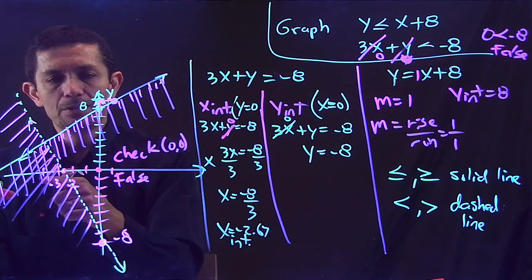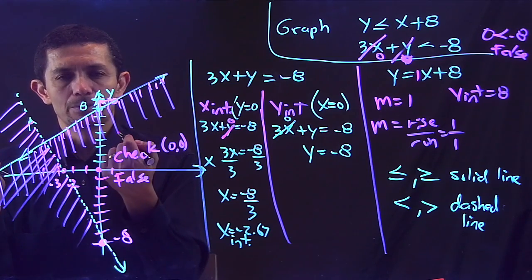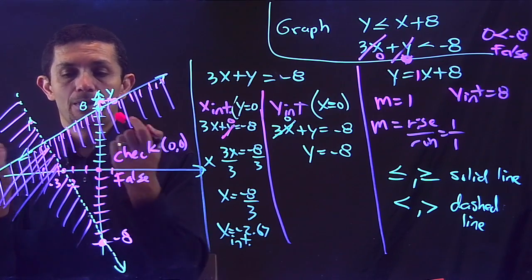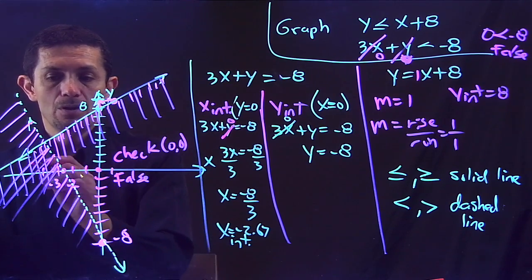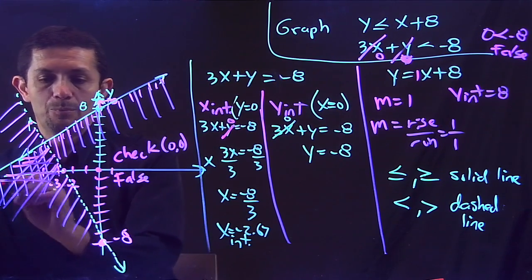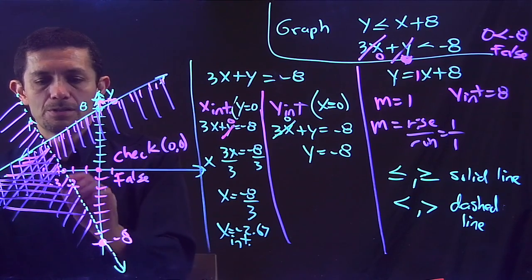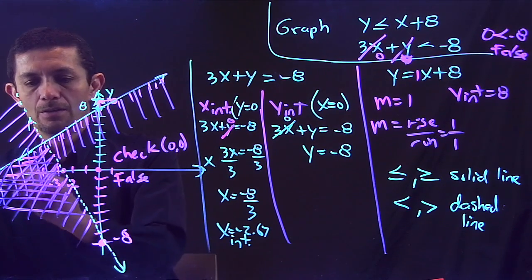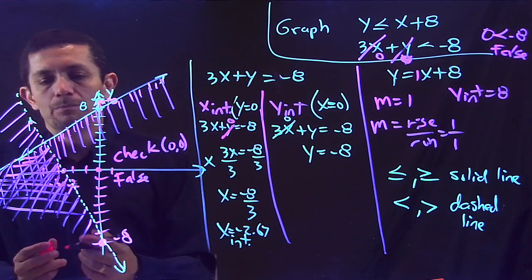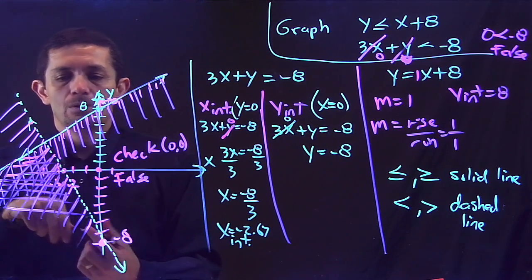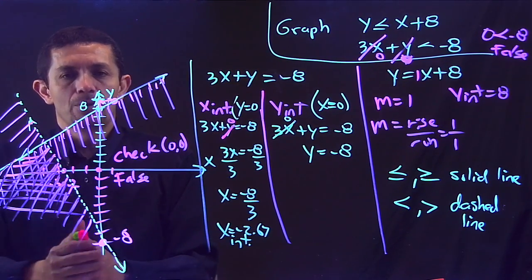So where the two shades intersect, that's where the solution of the system is. I'm going to make sure my teacher will understand that that's where the answer is. Make sure you make that darker or a different pattern, okay?